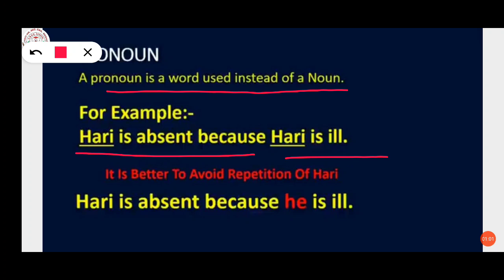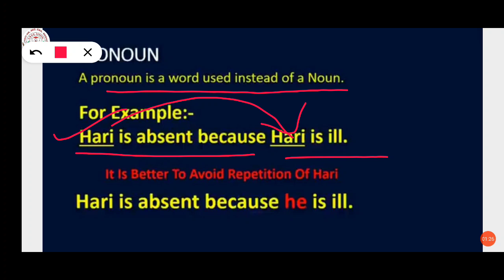So here you can see Hari, we have already taken the name of Hari here, and again we are repeating the name of this Hari. So instead of repeating this noun, instead of repeating the name of Hari, we used a pronoun.